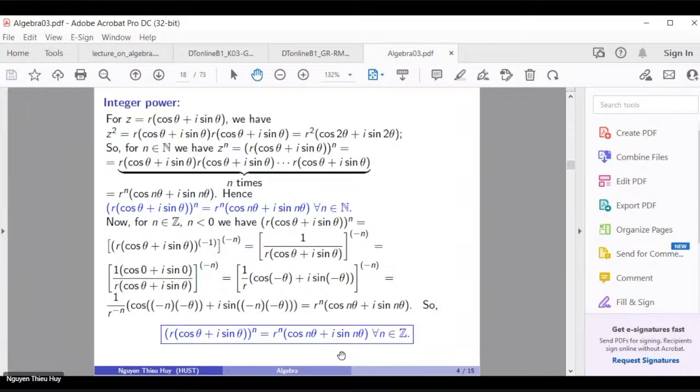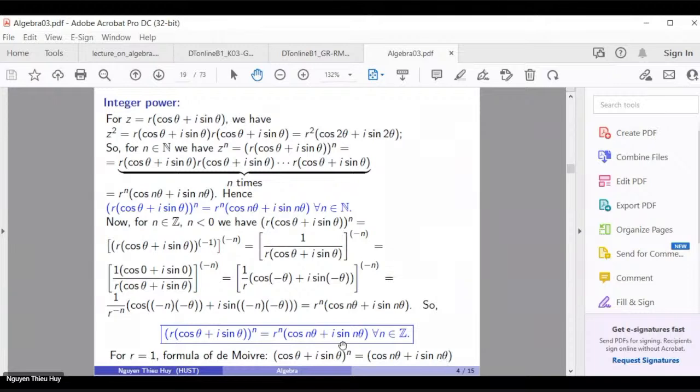Good. And of course, in the special case when r equals 1, the formula has a name. The name is de Moivre. This is again a French mathematician, you know. So when r equals 1, you don't have to write 1 anymore, because 1 multiply anything is anything. So this is cos theta plus i sine theta to the n equals cos n theta plus i sine n theta.